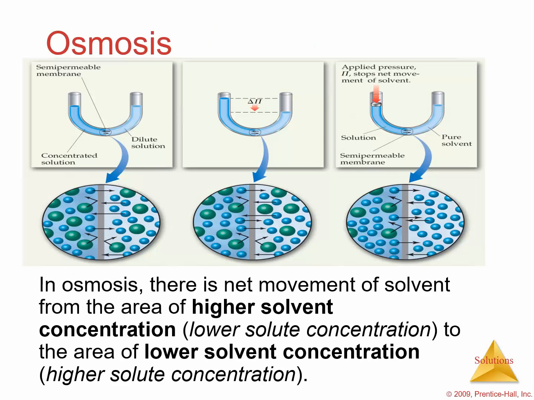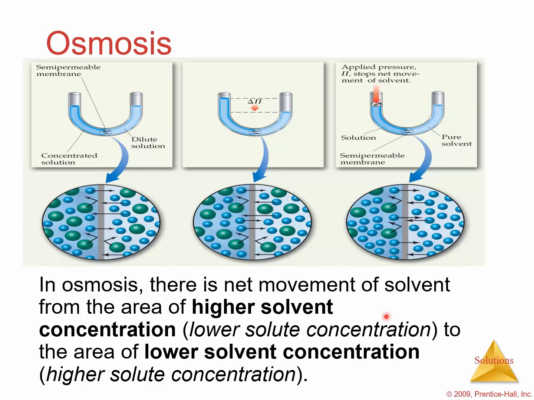Consider a situation in which only solvent molecules are able to pass through a membrane. If such a membrane is placed between two solutions of different concentration, solvent molecules move in both directions. Now the concentration of solvent is higher in the solution containing less solute. So the rate at which solvent passes from the less concentrated solution, the one with lower solute concentration, to the more concentrated solution, higher solute concentration, is greater than the rate in the opposite direction.